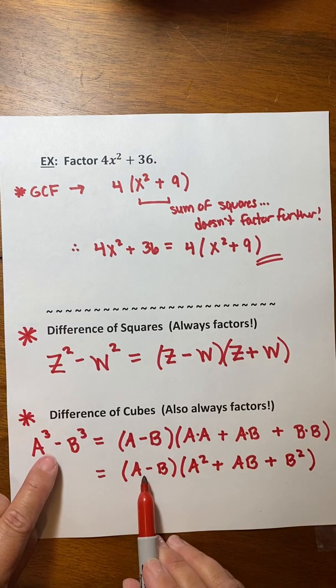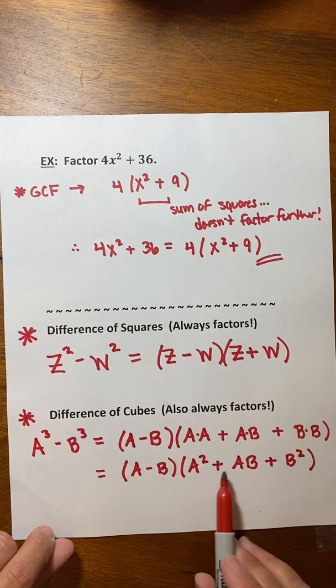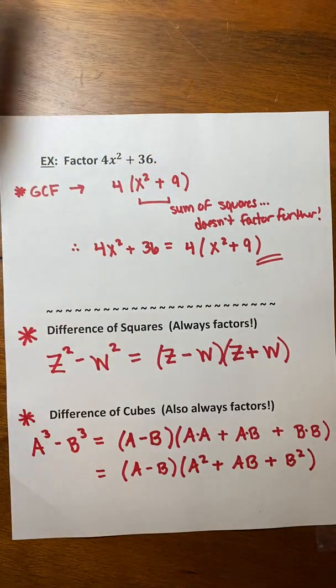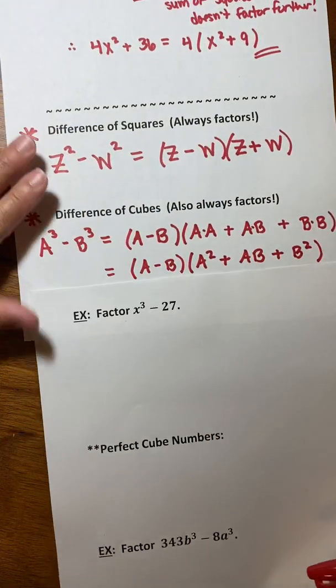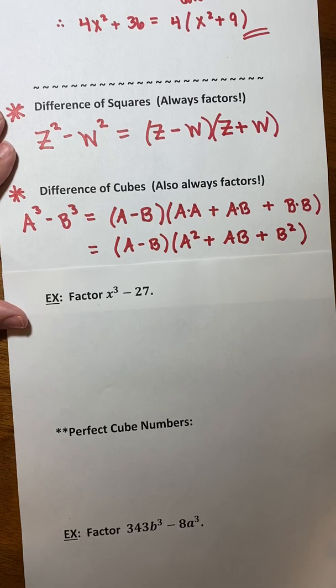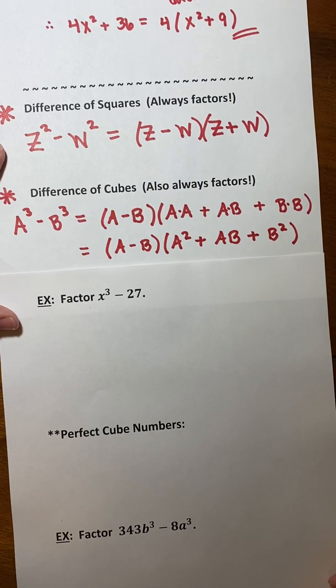Same sign that we started with. We switch the sign, and then the last one is positive. Difference of cubes always factors, always. Just like the difference of squares. And this is the template we can use. Okay, and mathematicians developed this template through noticing patterns. Math is a lot about patterns.